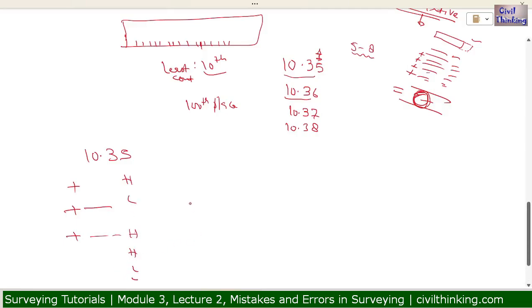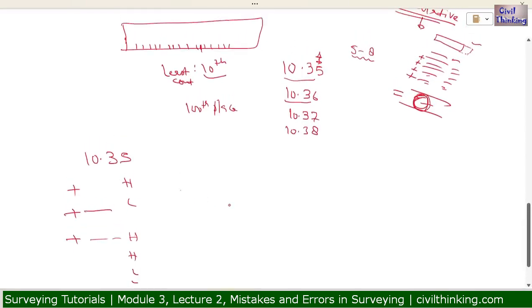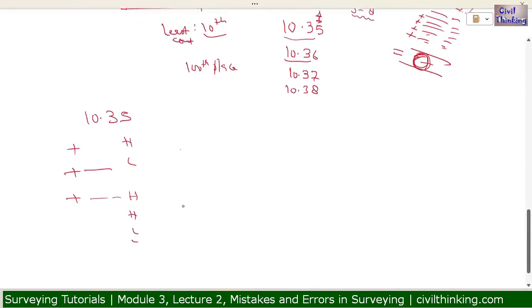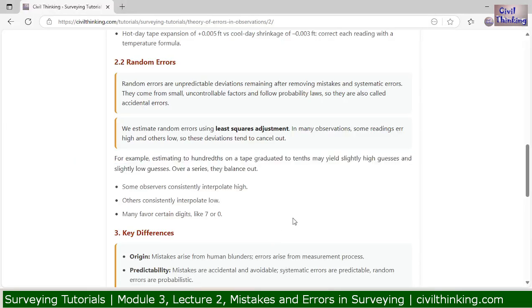Some are guessed higher and some are guessed lower, so when you sum them up, they cancel out each other. So there will not be much error in the result. So they are non-cumulative. I hope you understand this.